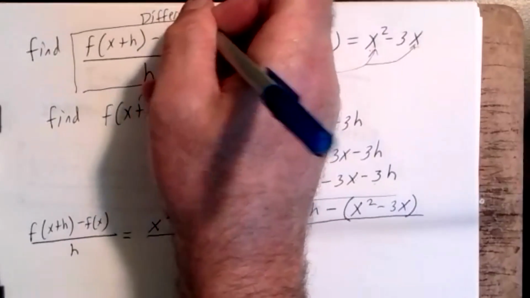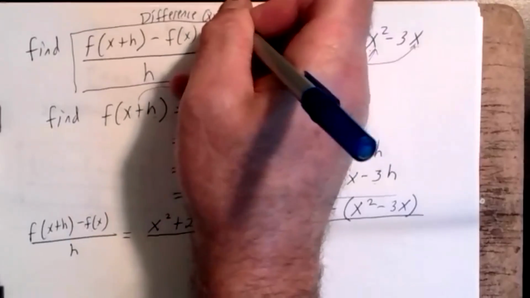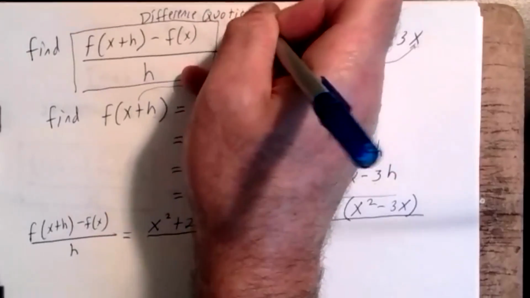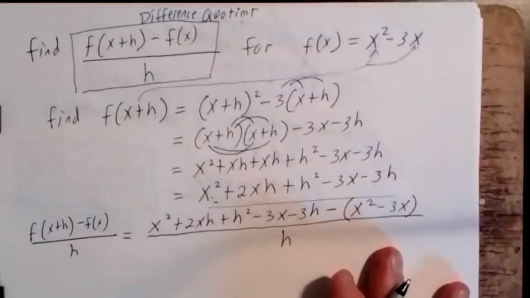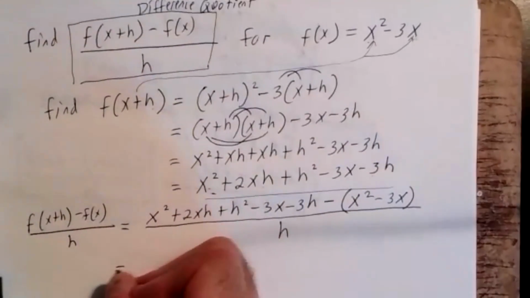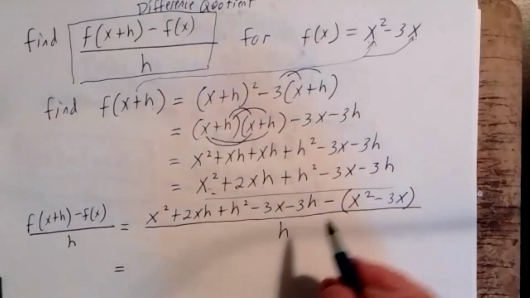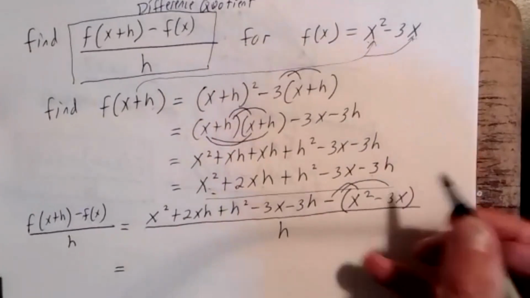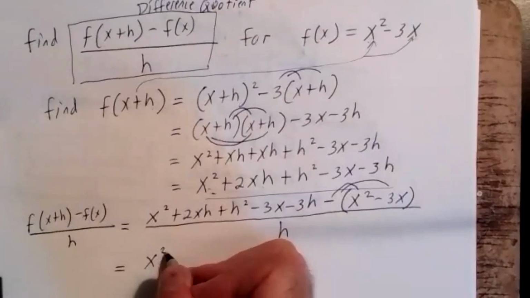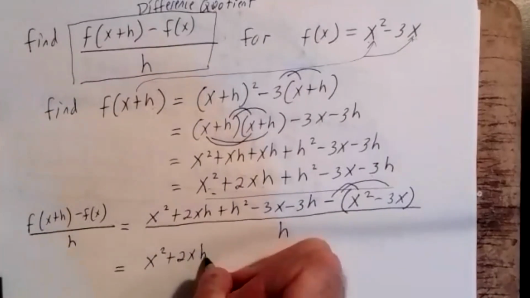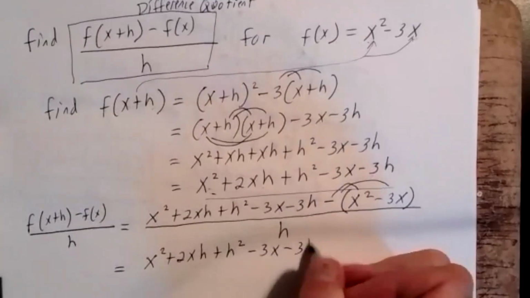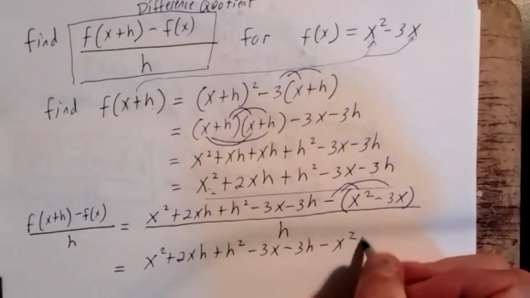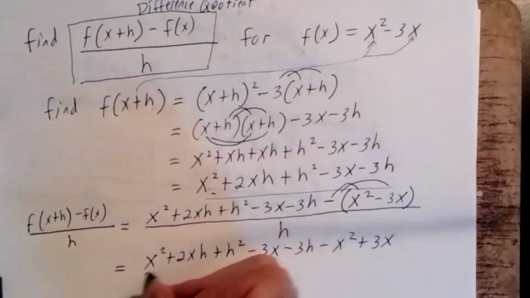Whenever you evaluate the difference quotient for a function, the good news is you always get cancellation. Terms always drop out. And so therefore, simplifying this difference quotient, we can distribute the negative sign in here. So we're going to have x squared plus 2xh plus h squared minus 3x minus 3h minus x squared plus 3x. And this all sits over what?